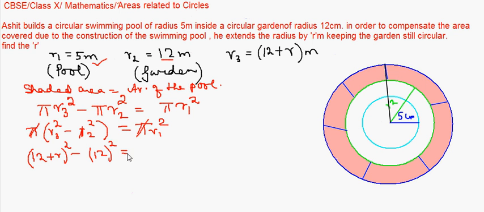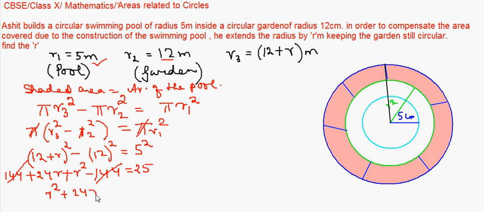This is equal to r1 square, that is 5 square. So let me open this. I'll be getting 144 plus 24r plus r square minus 144 is equal to 25. So r square plus 24r minus 25 equals 0.